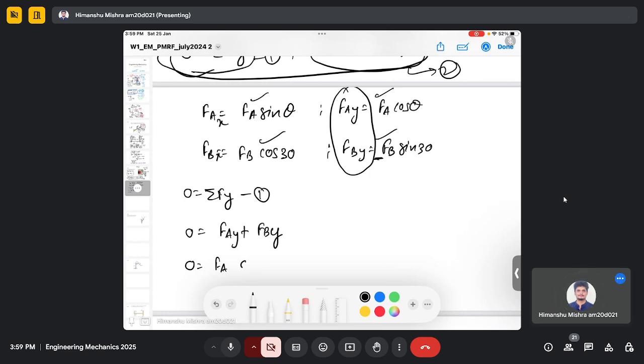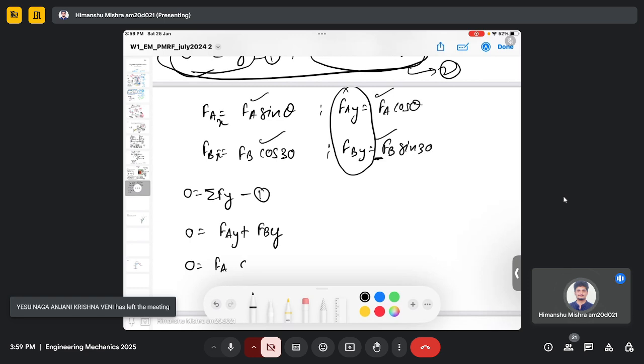Right, so this is our equation 3, or we can even simplify this equation further. So this becomes Fa cos theta minus Fb by 2. So this is my equation 3. Sorry, my Fb is 800, right?